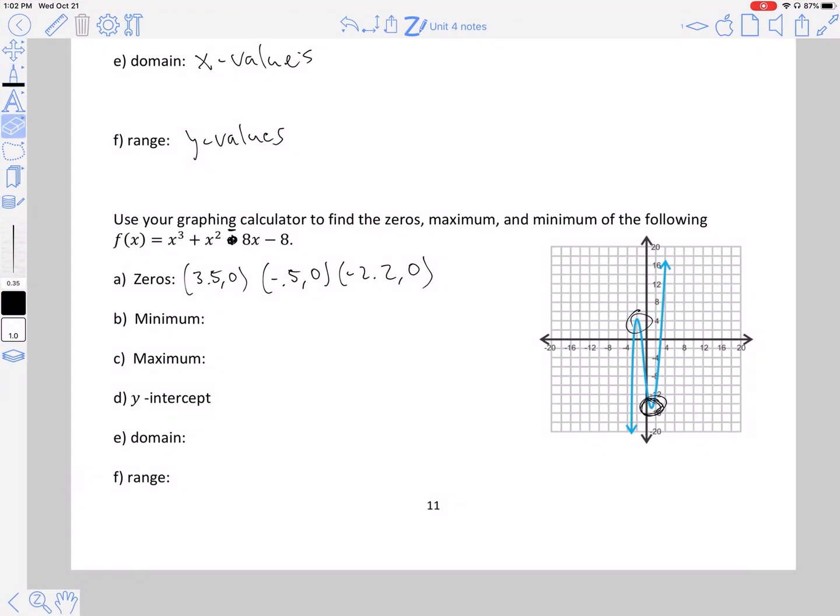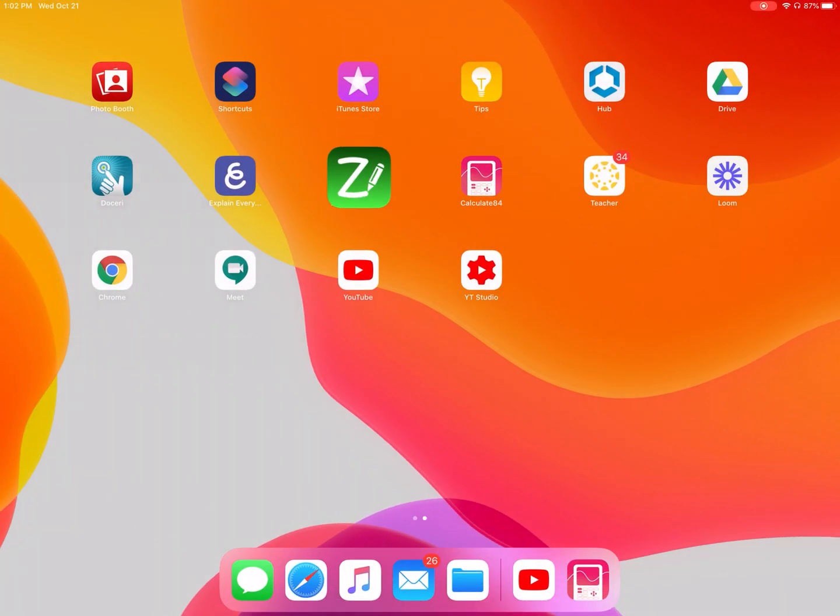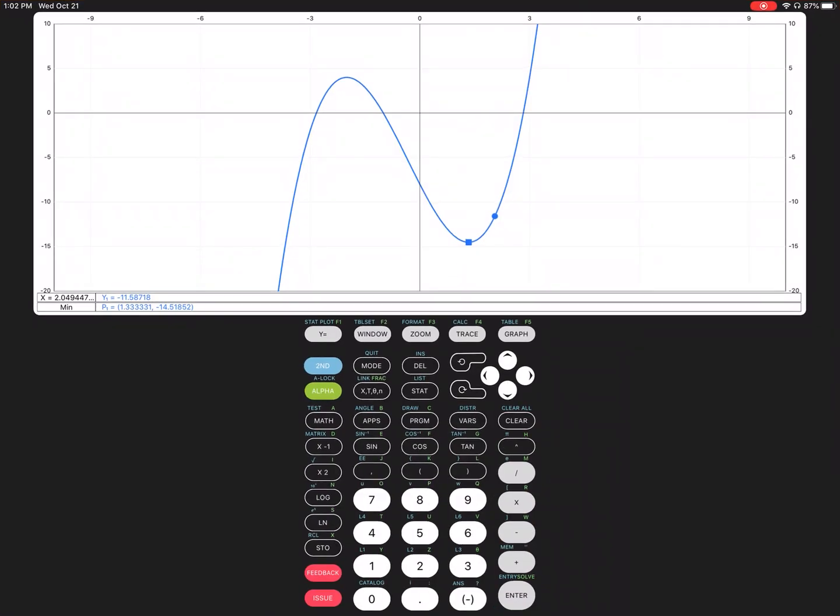So I'm not used to this calculator, so give me 1 second. Oh, sorry. Duh. It's down at the bottom. If you look there, it's going to tell you the y value is negative 14.5. Okay. All right. Okay.